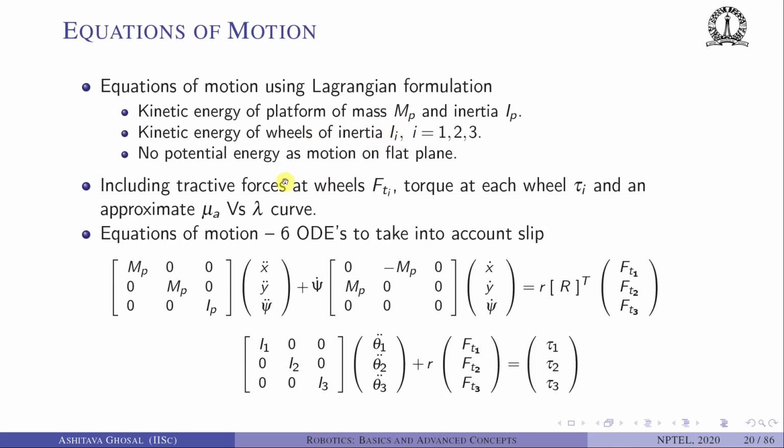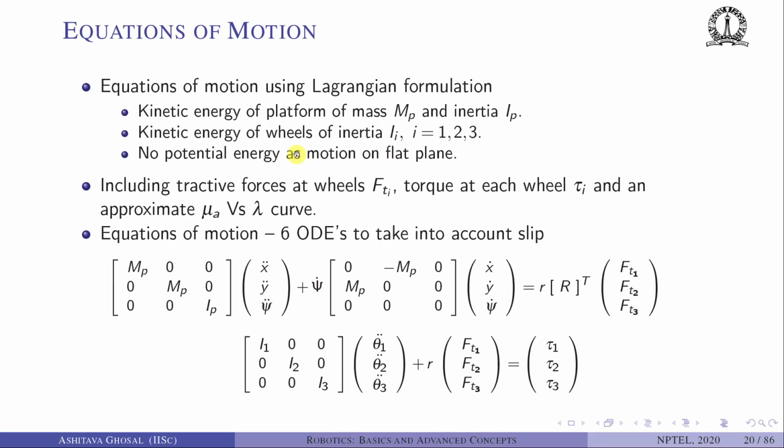There is no potential energy at this stage because it is moving on a flat plane. We can also include the tractive forces at the wheel, Ft, the torque at each wheel, tau i, and an approximate mu a versus lambda curve. Okay, we need to know how this friction coefficient or adhesion coefficient changes with wheel slip.